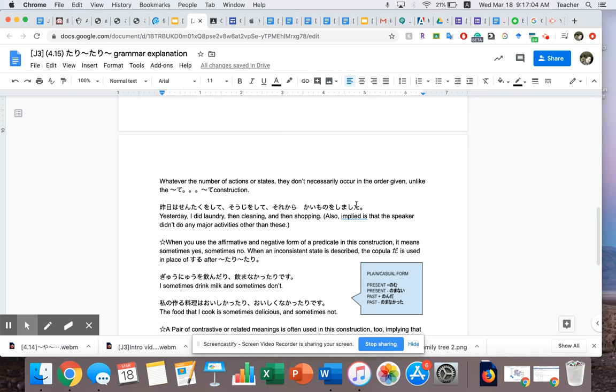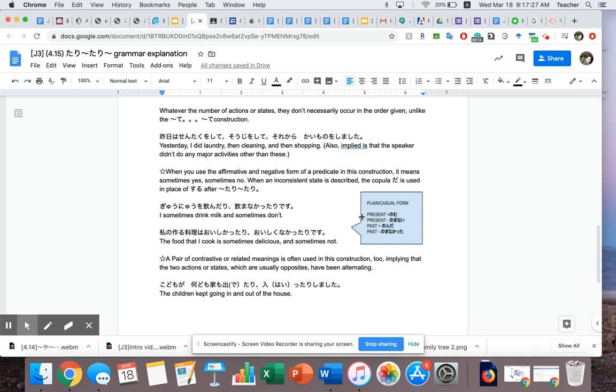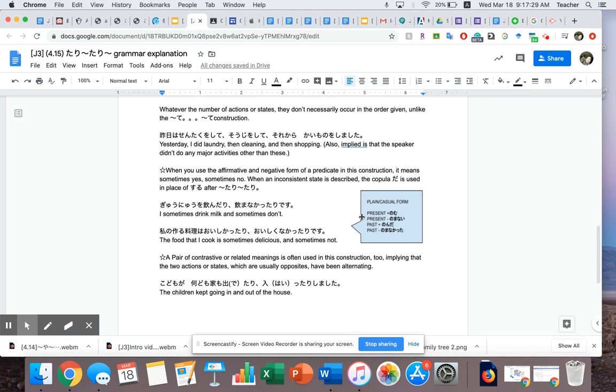So you did your laundry, and then you cleaned, and then you went shopping. But if you use たりたり, so 洗濯をしたり、掃除をしたり、それから買い物をしたりしました, then you're not actually doing those things in that particular order, but you did things such as these. So you're just listing them as examples. So those are the two differences between the te structure and the tari tari structure.